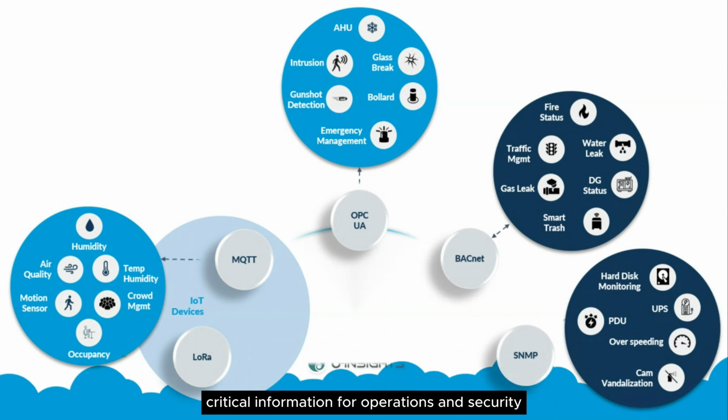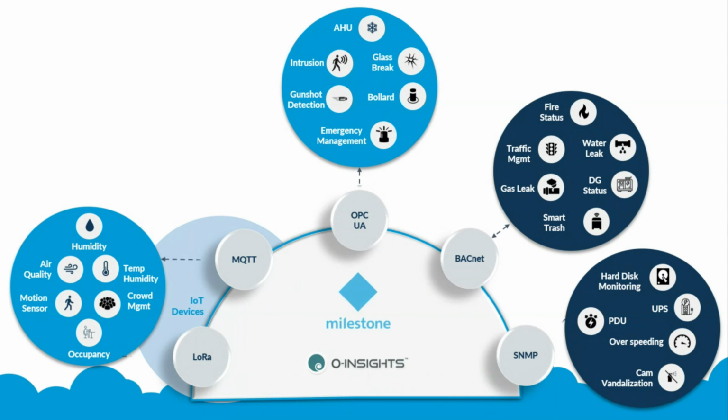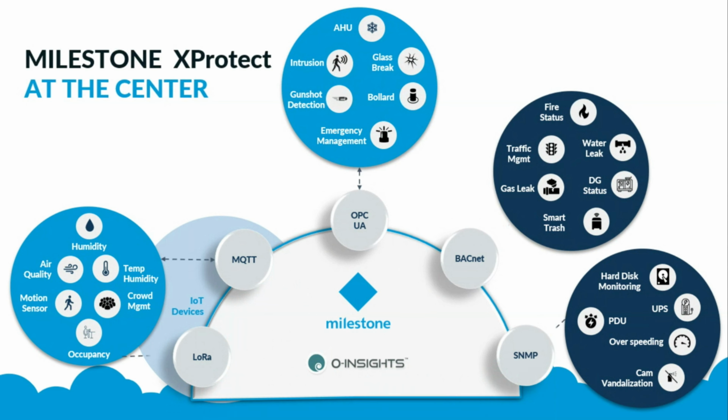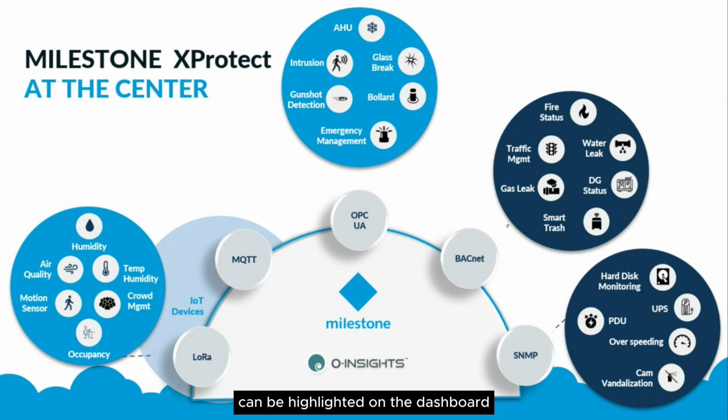Critical information for operations and security, like a vehicle exceeding the prescribed limits, any worker not wearing a PPE, or an intruder trying to jump over a fence, can be highlighted on the dashboard. With such insights available, the security team can take timely actions.